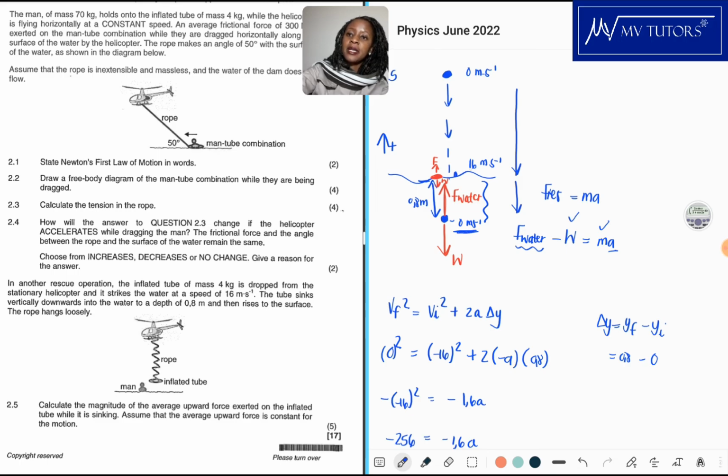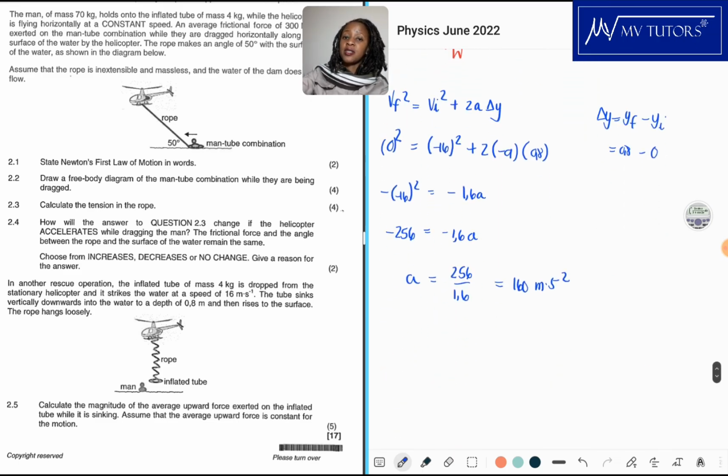Remember we had 0 because it was dropped, then this was the maximum as it touched the water, and then it reached 0 before it went up again. In the downward direction we have deceleration, but in the upward direction it will be acceleration, and that's why we have positive there, I guess.